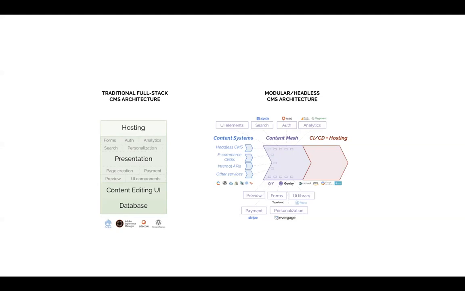Then we have the content mesh, which we're going to talk about later, where we're going to use Gatsby. There are also other services that we could integrate in a headless CMS architecture, like OAuth, analytics, and search with Algolia. For the payment gateway, we could integrate Stripe or PayPal, something like that.